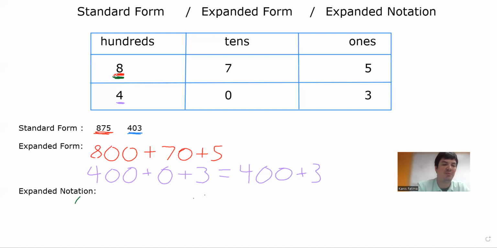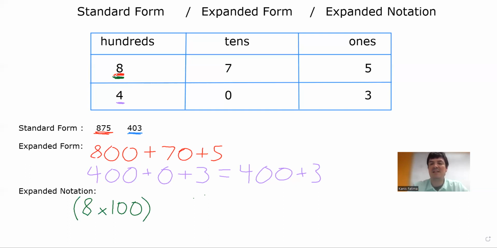First, I'm going to put it in parentheses, 8. I'm going to multiply by 100 because 8 is in the hundreds column. So since I have 8 hundreds, that's the same as saying 8 times 100, closed parentheses.